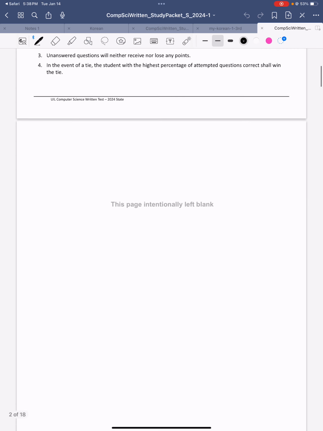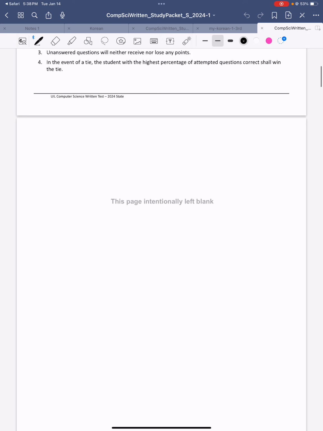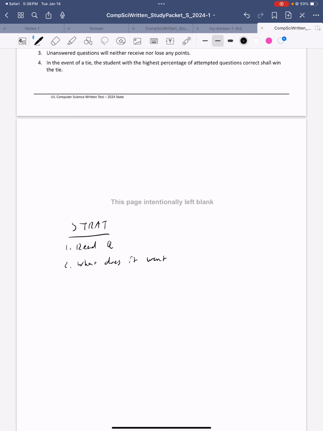Basically, the strat or the meta is to first understand the question. First read the question. And then after you read the question, ask yourself, what does it want me to do? And then once you know that, you can solve it.